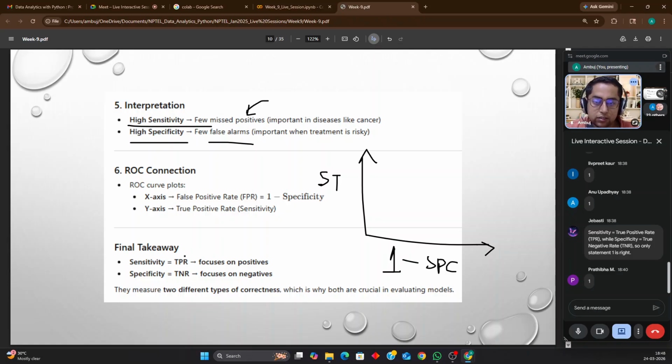Final takeaway: TPR focuses on true positives, TNR focuses on negatives. This measures two different types of correctness. It is very important in case of your classification models to understand the exact evaluation process, how crucial the model's correctness is. It is very, very important.